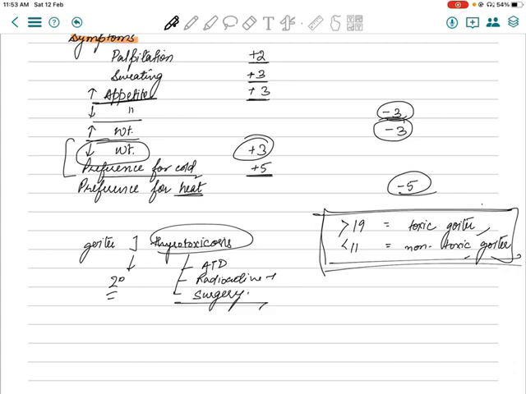Besides these, other non-specific measures include rest, sedation, and beta-adrenergic blockers, obviously for the palpitation and all.